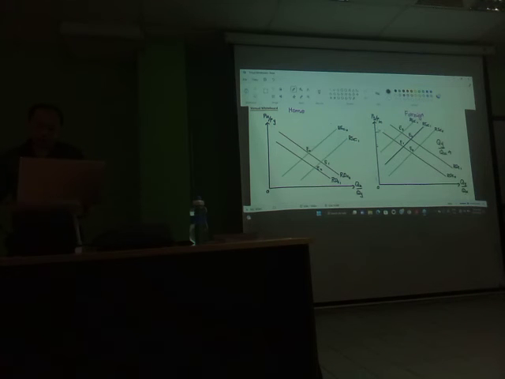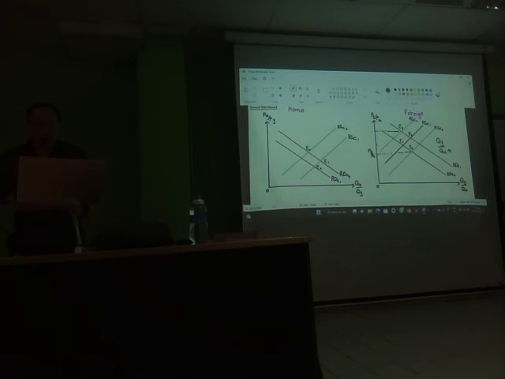We call this also sometimes conflict. Not political conflict, not like a war conflict, but an economic conflict. When the two countries do not coordinate well in terms of international trade, this can happen.